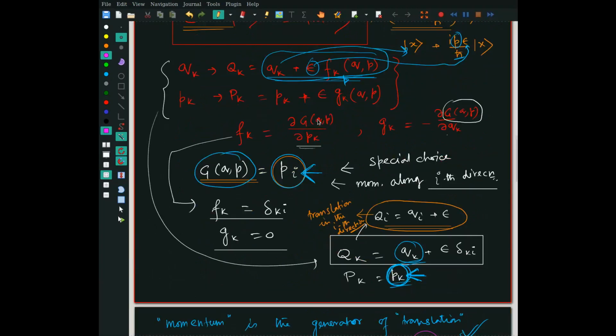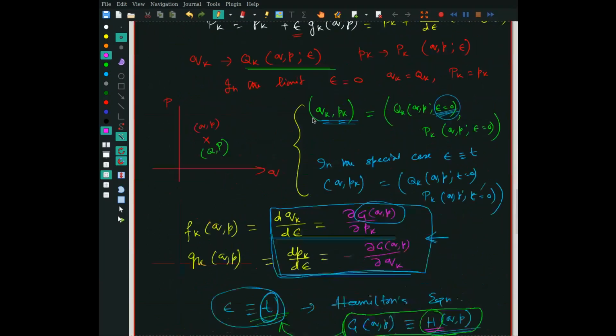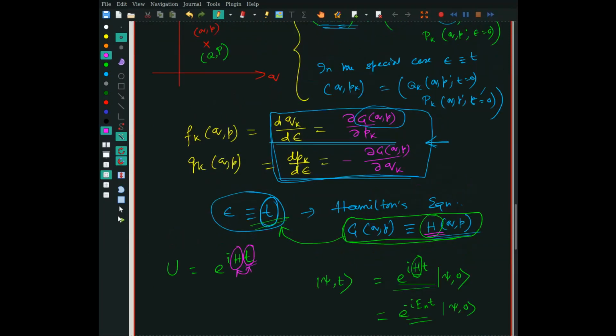From this canonical transformation, you also get those connections. You usually find in quantum mechanics these canonically conjugate quantities. Here t and H are canonically conjugate quantities because one generates the translation in the other direction.